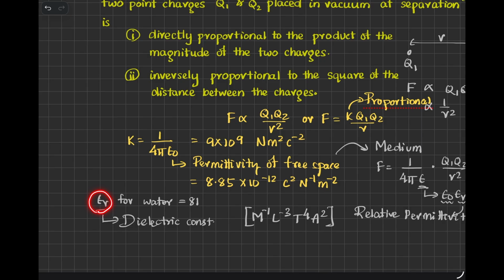Epsilon r does not have any dimension. This we need to pay attention to: epsilon r is dimensionless, but epsilon or epsilon naught have dimensions M minus 1 L minus 3 T4 A2. So dimensions of epsilon I am writing here.